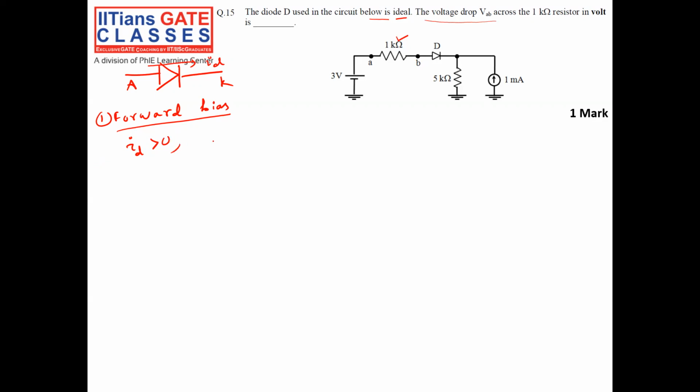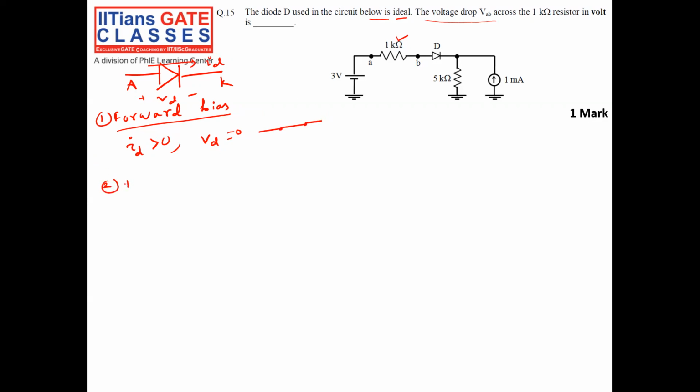Then the voltage drop, V anode minus V cathode, is equal to 0. So when the current flowing through the diode is greater than 0, it will act as a short circuit because the voltage drop is 0.